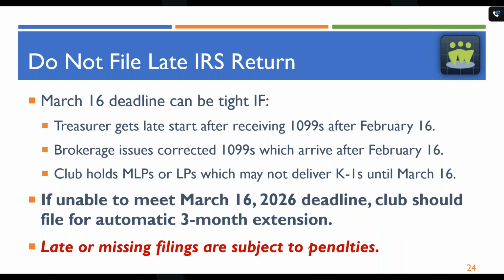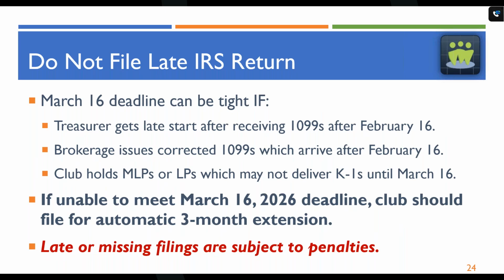Okay, so you may not be getting information from your brokers. They're by law supposed to get them to you by about February 16th. Quite often brokerage firms are a little late, and they may also issue a corrected 1099 even as late as March.